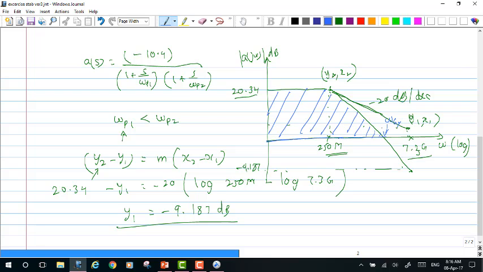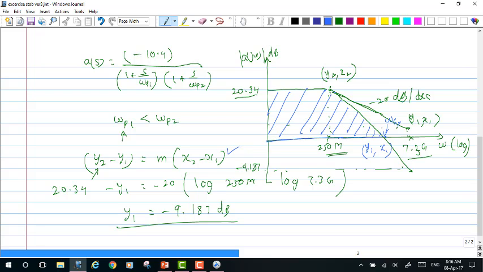Again, what is unknown in this particular case is, we know the value of y1 at this particular point, which is nothing but 0 dB, but what is unknown is our omega gx, which is nothing but our x1, correct? So again, we have a line that connects these 2 points. This line runs at a rate of minus 20 dB per decade, so we can still utilize the same formula.